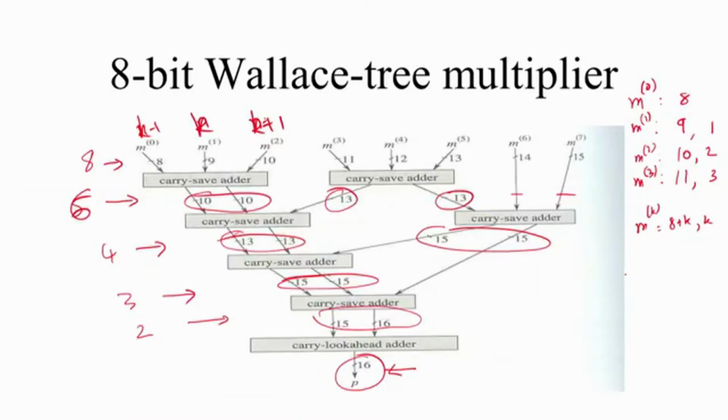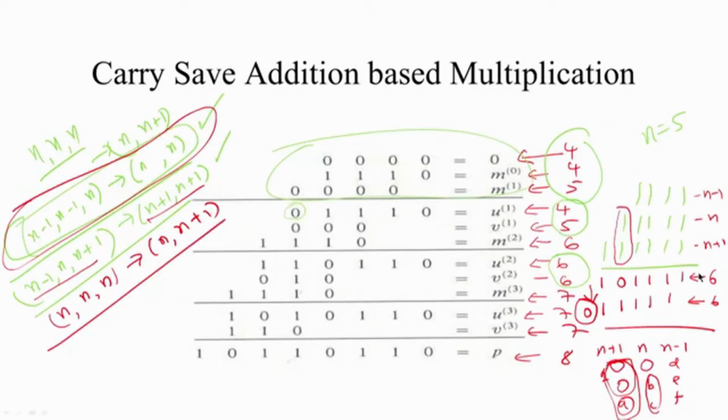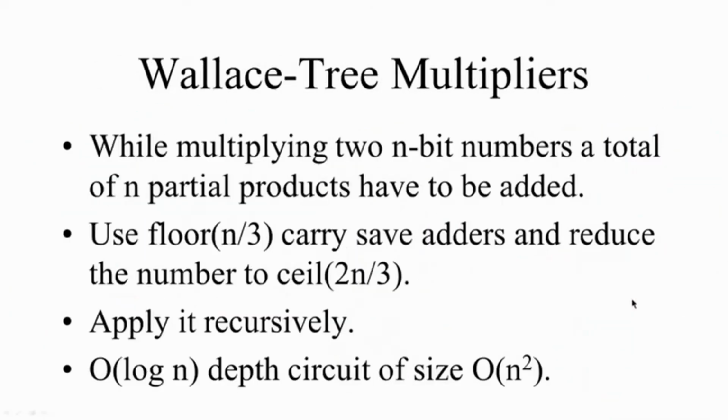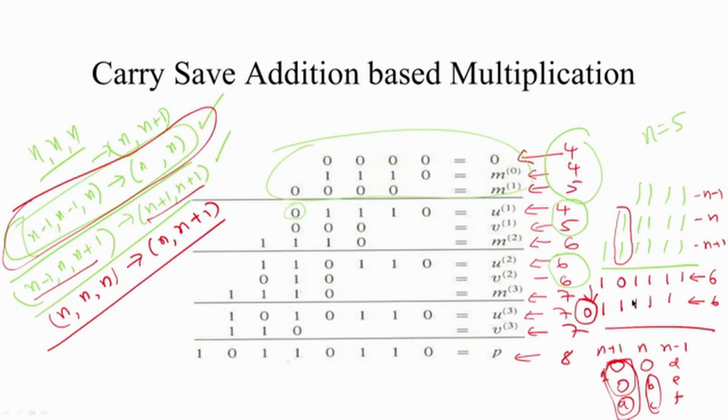So when I have n-1, n-1 and n, this gives me n and n. The next one is that n-1, n plus 1 will give me n plus 1, n plus 1.